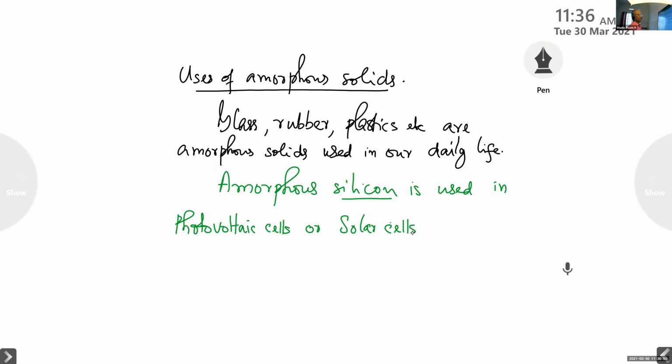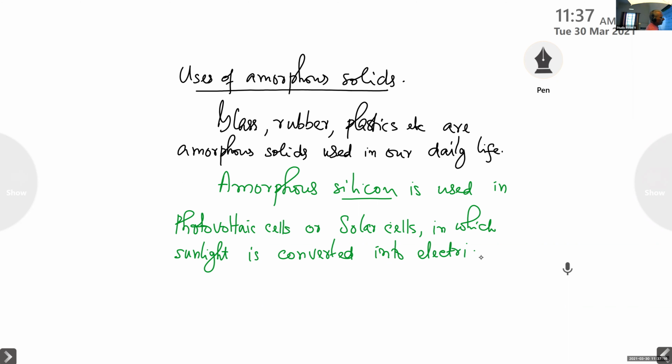And what is happening in the solar cells? In them, the energy of the sunlight is converted into electricity. Think of Cochin International Airport Limited.